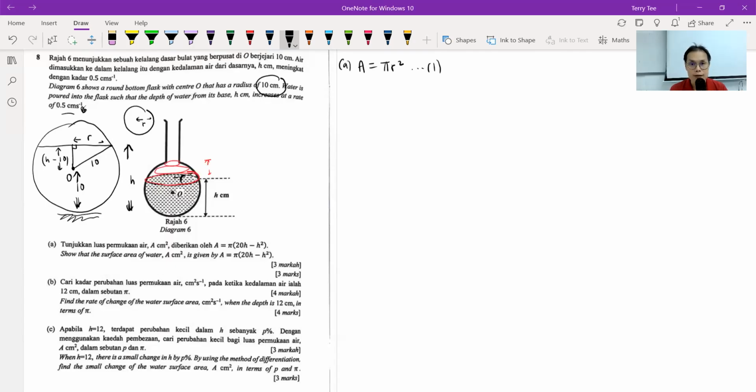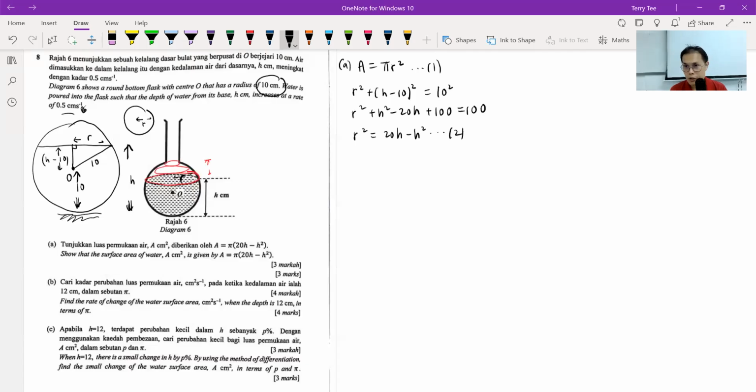So r squared plus (h minus 10) squared must equal 10 squared, by using Pythagoras. So r squared plus h squared minus 20h plus 10 squared is 100. I just expand them, I get 100. Let's make r squared the subject, bringing everything to the right: r squared is 20h minus h squared.